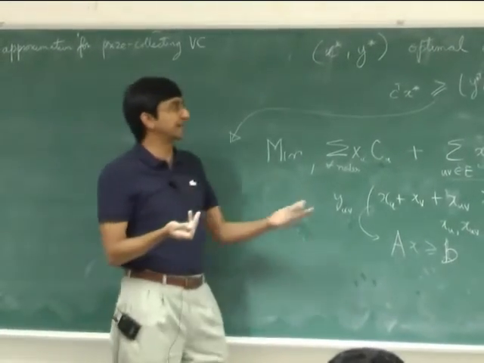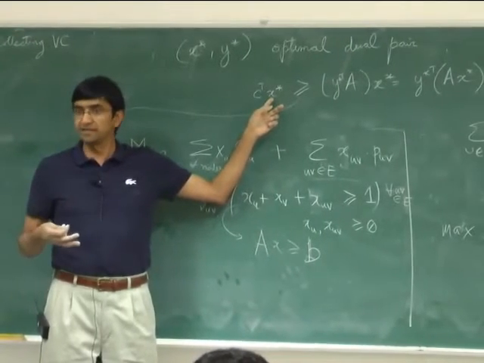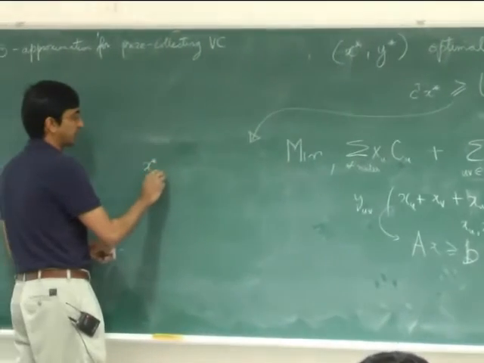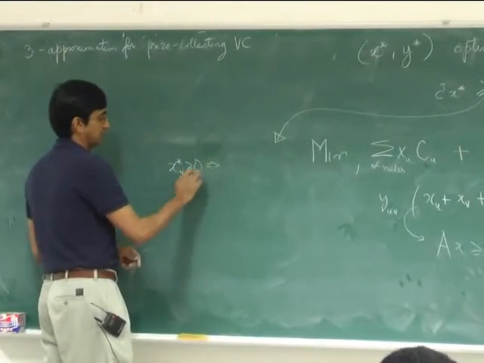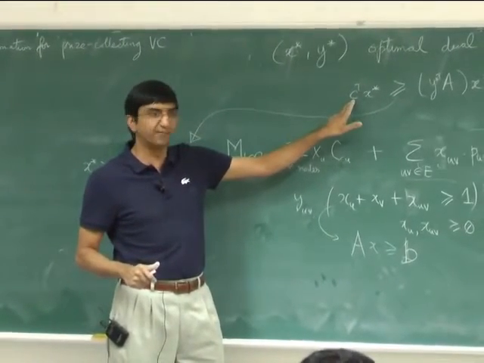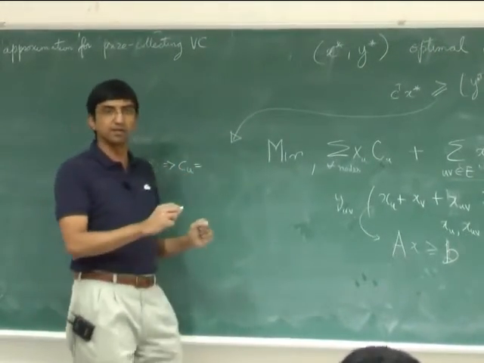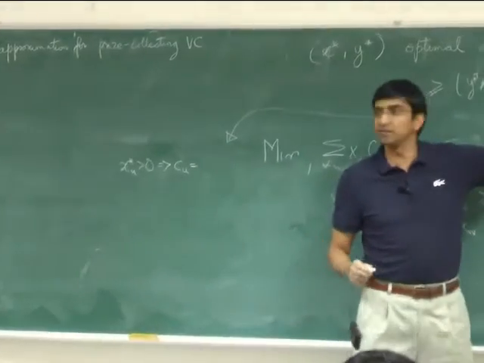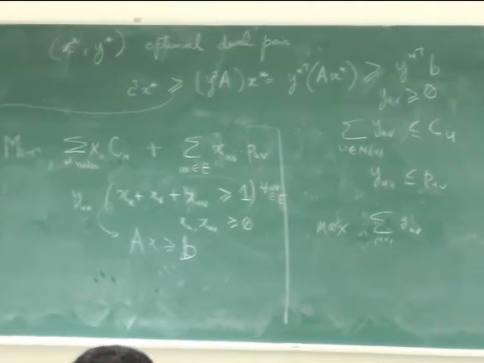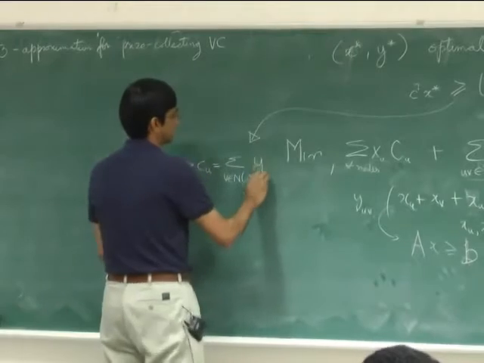So this complementary slackness condition will say, now there are actually two types of x's in my problem. Let me write it for x_u. If x star u is greater than 0, that means the corresponding c, which is just c of u, should be equal to the corresponding constraint, the sum over v, neighbors of u, of y star uv.